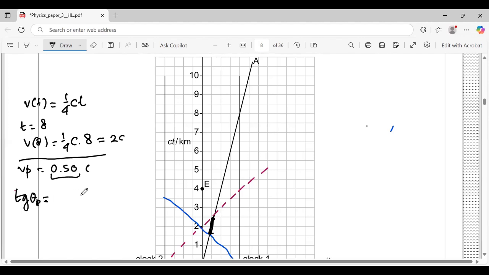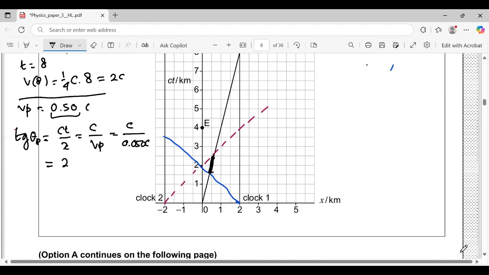Tangent theta of spaceship P is ct over x, which is c over Vp, the velocity of P. So c over 0.50 c means tangent theta equals 2, because 1 over 0.50 is 2. It means the gradient, or m, equals 2.